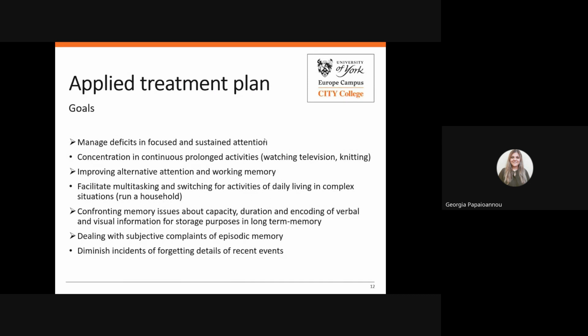In this specific situation, this woman kept complaining about her episodic memory, that she kept forgetting new information, but all of the old information was intact for her. We have used this as a goal as well, so to diminish any incidents of forgetting details of recent events in her daily life.